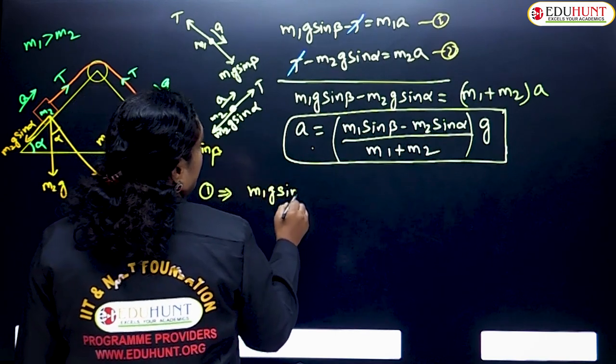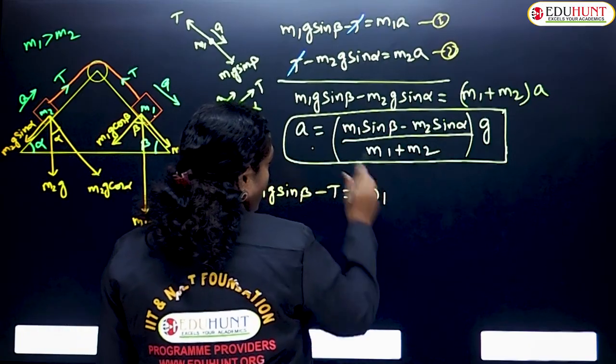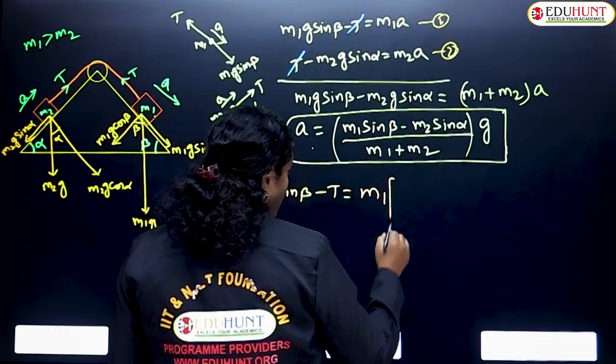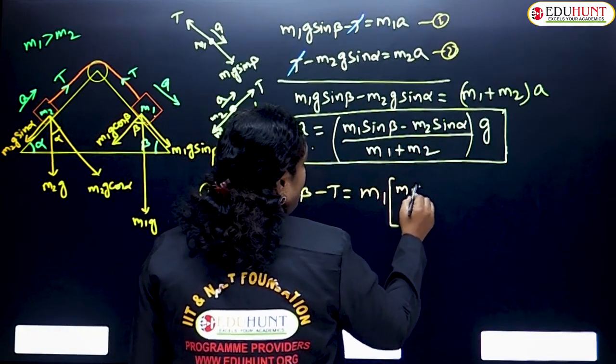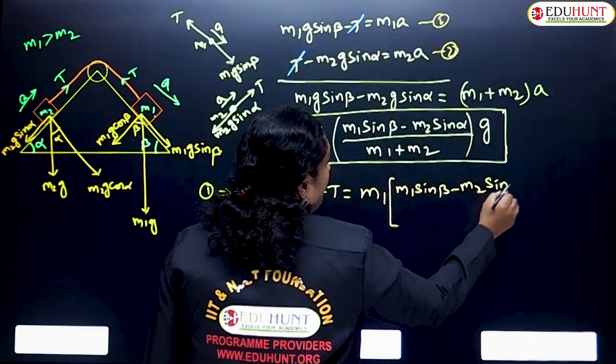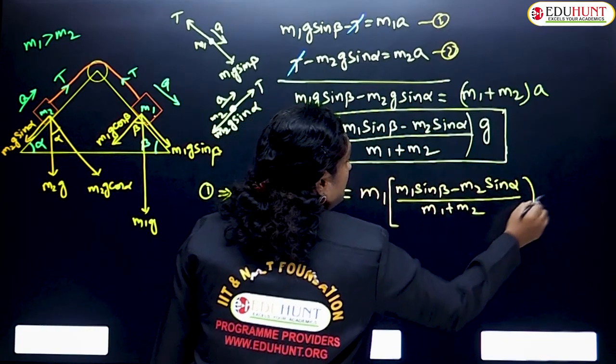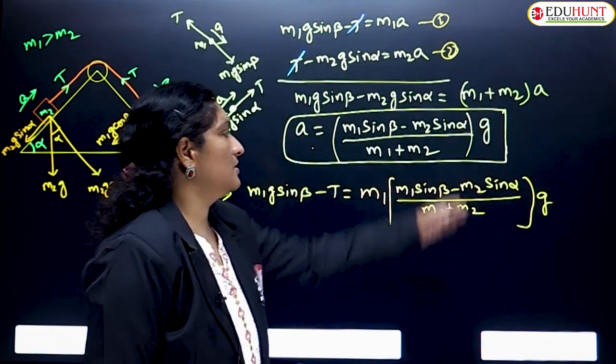M1g sin beta minus T equals M1 times a. Instead of a, let us substitute the value as (M1 sin beta minus M2 sin alpha) whole upon (M1 plus M2) into g. So a is substituted.